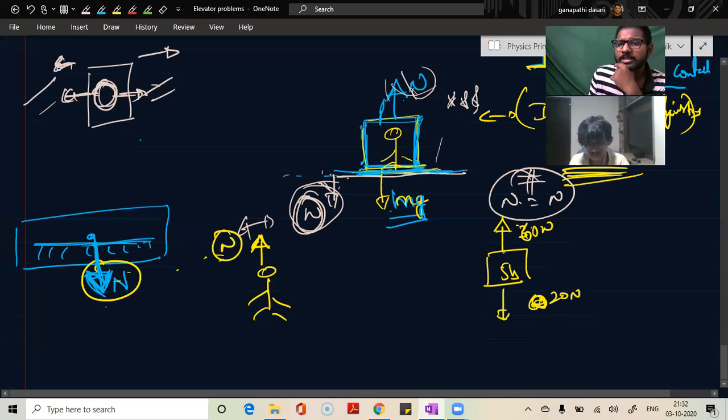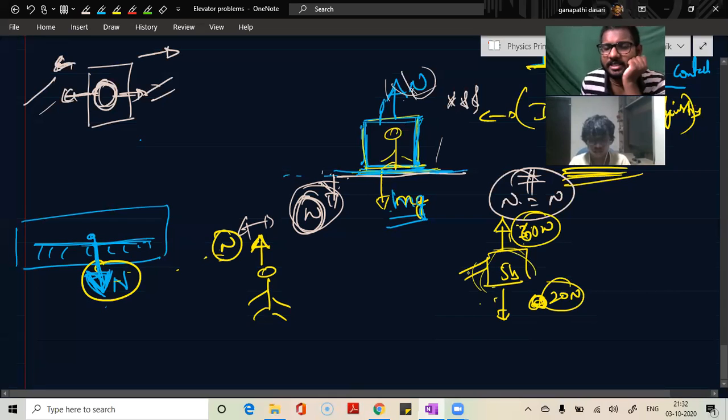These two forces are acting on this 5 kg block. This 60 and 20 are external forces on this 5 kg block. Is it okay?